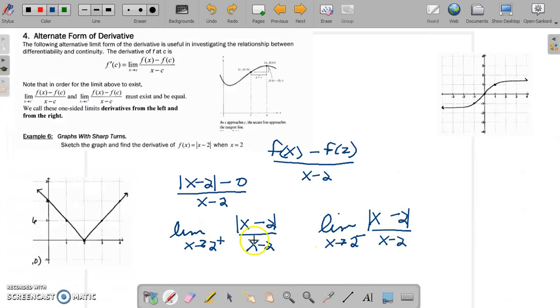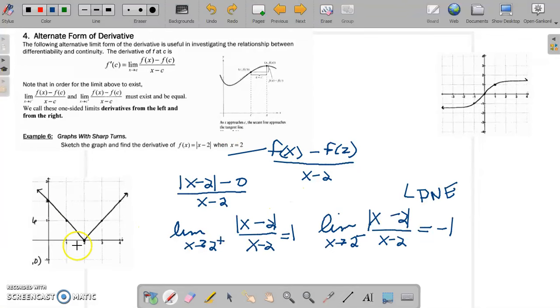So this limit is different than this limit. Coming from the right was 1, coming from the left was negative 1. So the limit does not exist. And since the limit does not exist, it's not differentiable at C. It's not differentiable at 2.